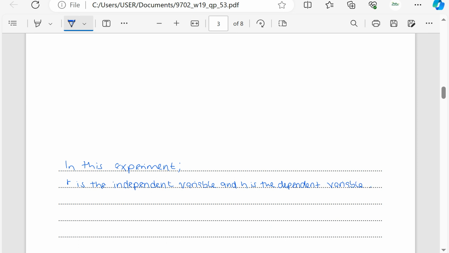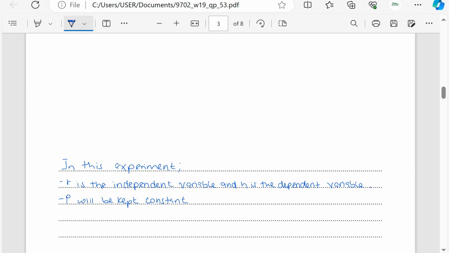So what will I keep constant? I'll keep P, the power, constant. So I'll say P will be kept constant. So how will I always restore P to the original value? P will be kept constant.